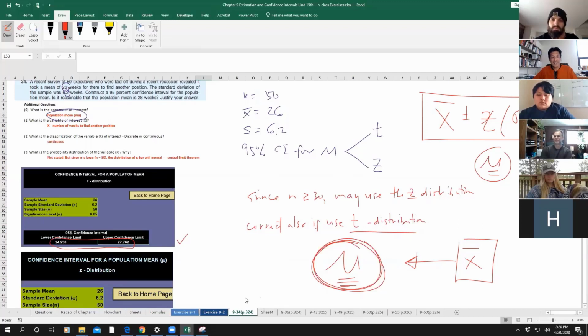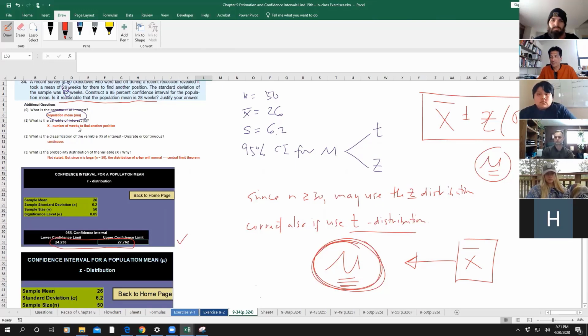So are we clear here so far? We were able to compute the interval estimate, but I said earlier that there's something we need to make sense of based on this interval estimate. The question is, is it reasonable that the population mean is 28?